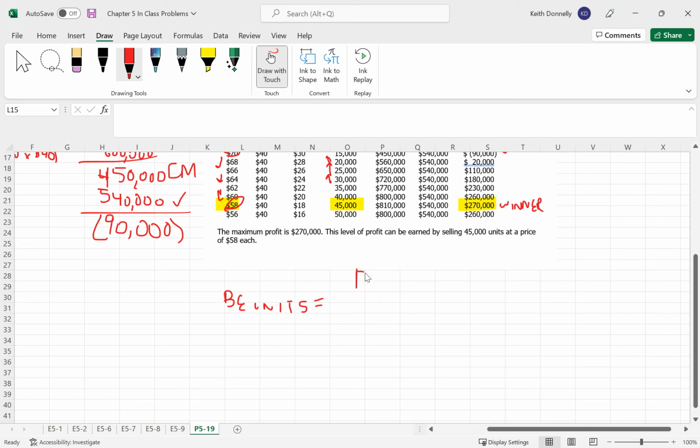It's going to be your fixed expenses over your unit contribution margin. So in here, your fixed are your fixed. Always 540. The unit contribution margin in this case looks like it's going to be $18. 58 minus 40 equals 18.